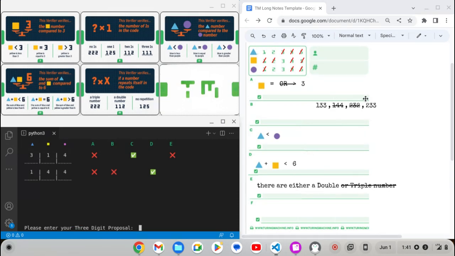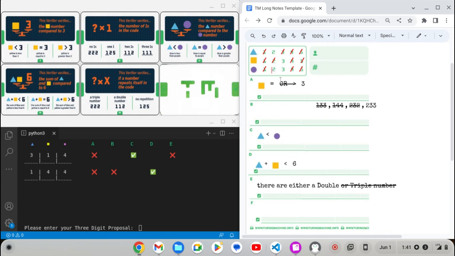Okay, so there is no 1. So that means that the answer is 233. So no 1, so we'll cross out this last one. And so we have 2, 3, and because of criteria card C, it would have to be 233. It can't be 232.